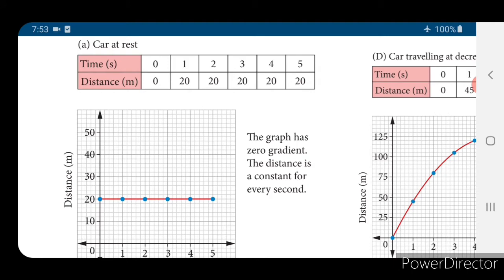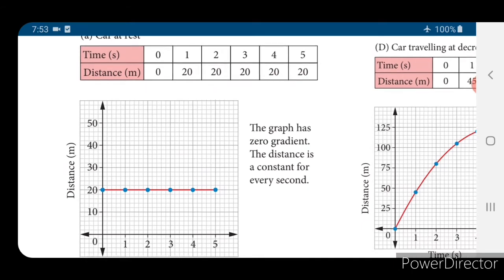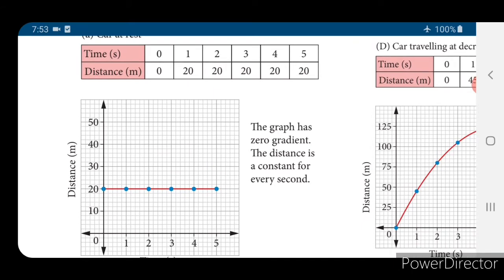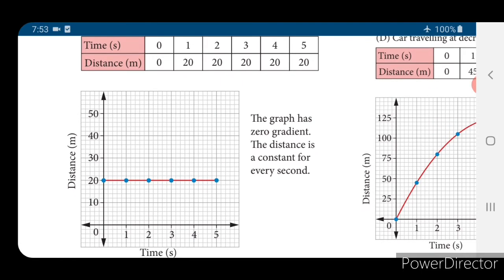Inside each box there are 10 small squares, and each is a millimeter. Here one horizontal line is the x-axis, and one vertical line is the y-axis. On the x-axis time is noted and on the y-axis distance is marked.